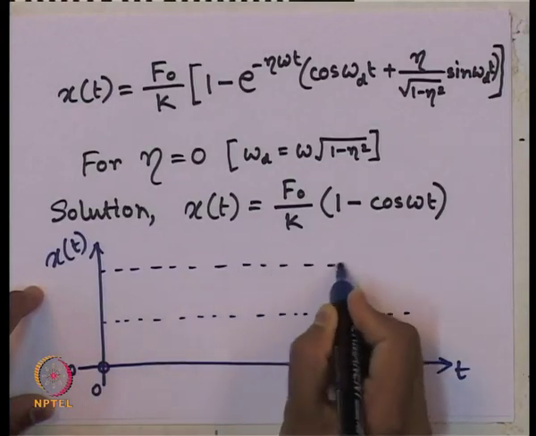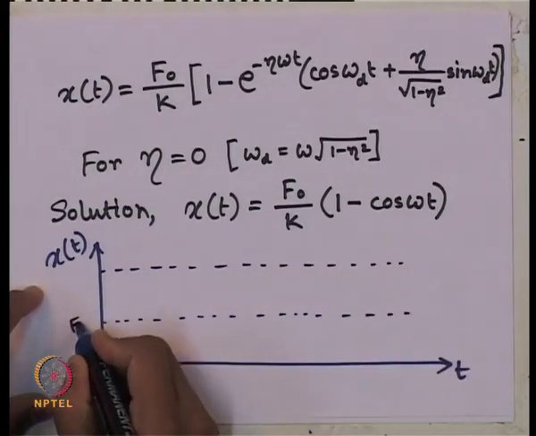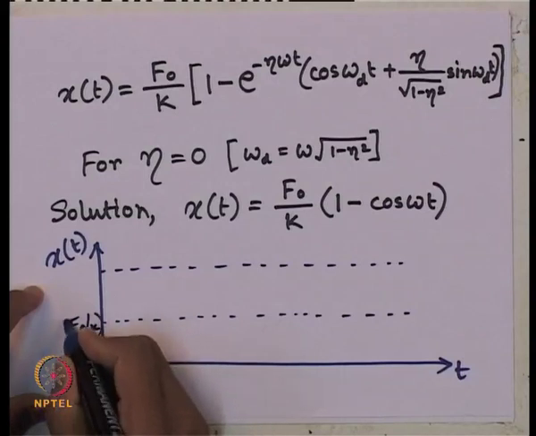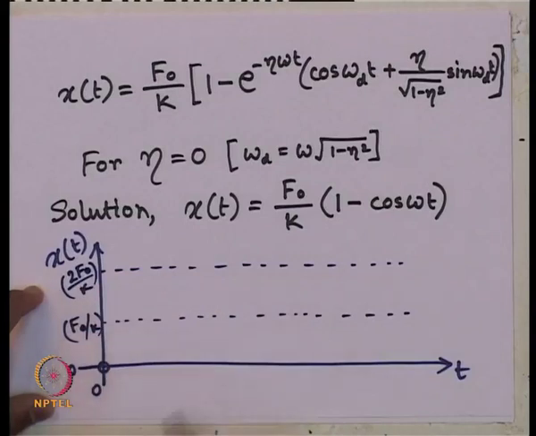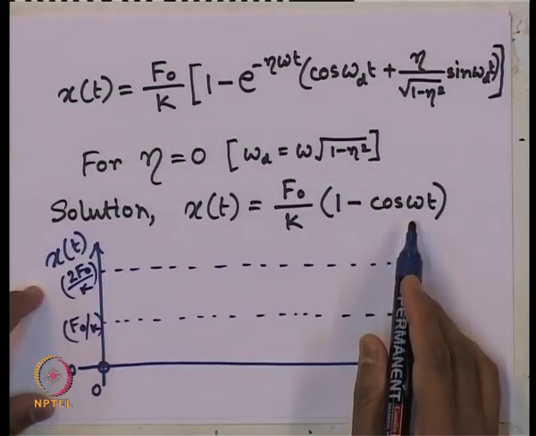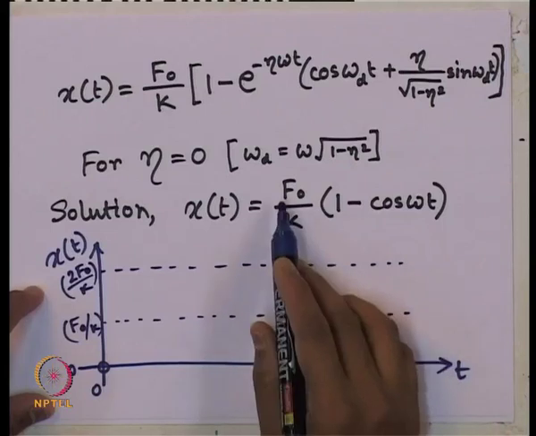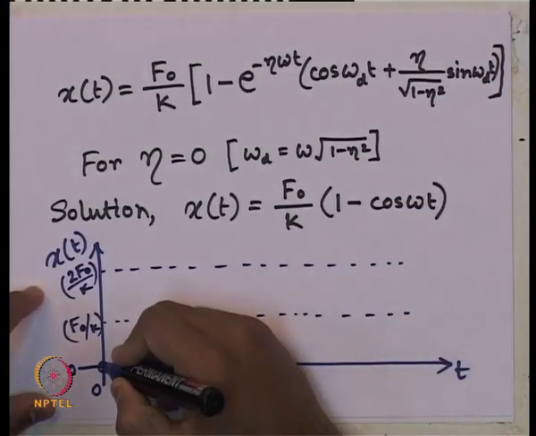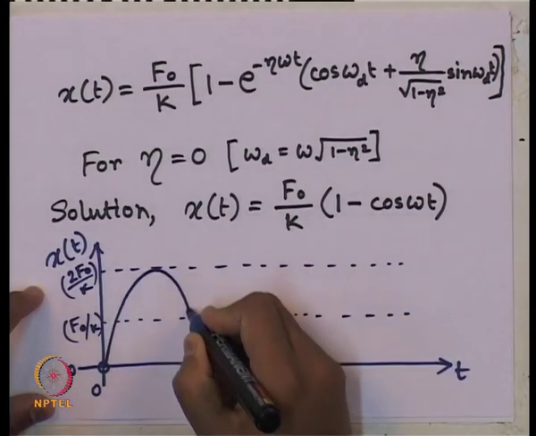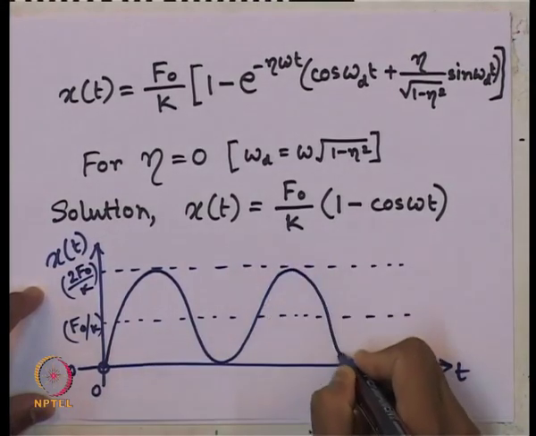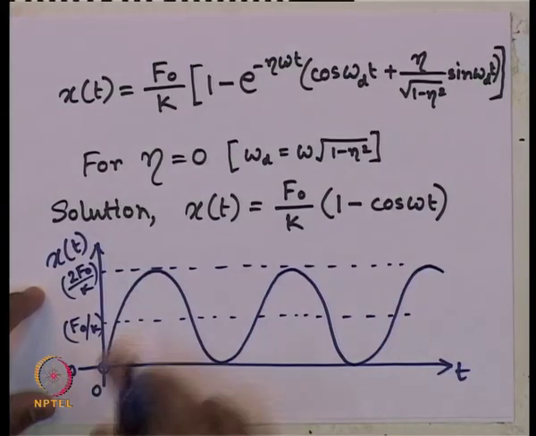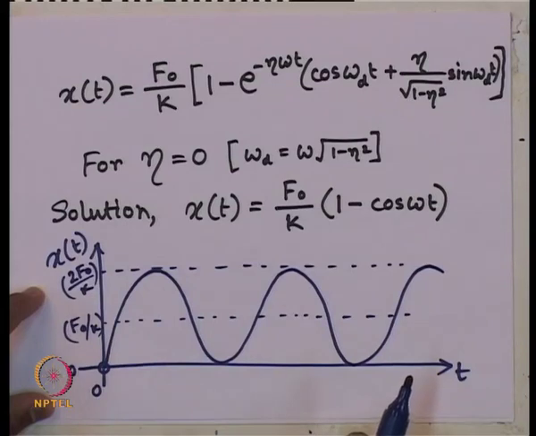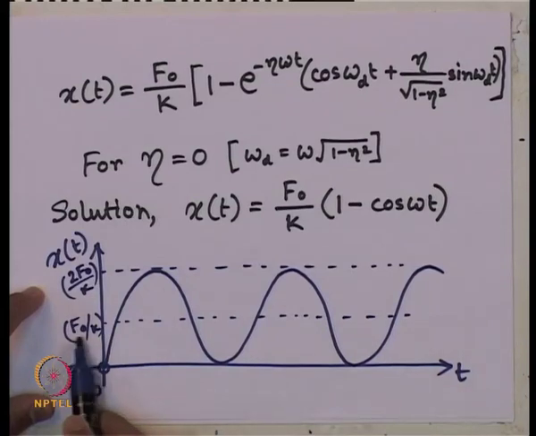Let me draw two parallel lines. This is f naught by k, this will be 2 f naught by k. When the cosine gives its minimum value of minus 1, we are getting 2 f naught by k. So, it is now a harmonic function oscillating like this. It is the undamped case, so there is no damping, and it keeps on oscillating about this line.